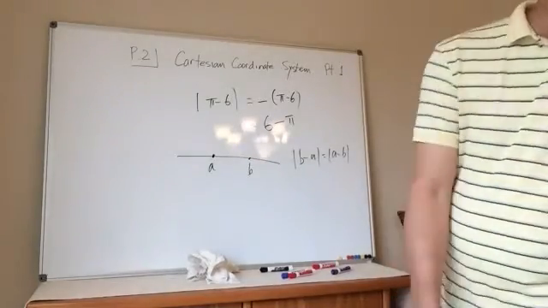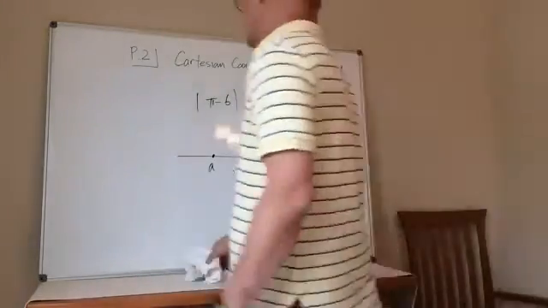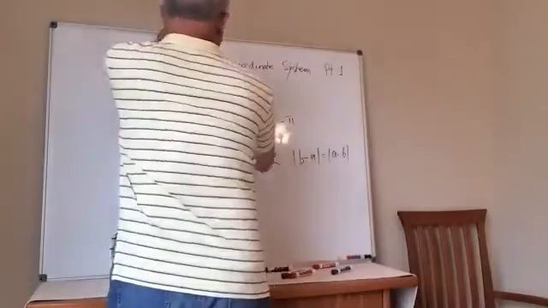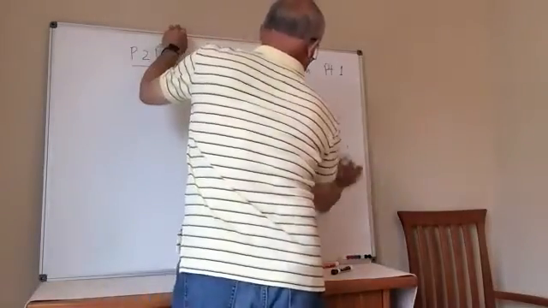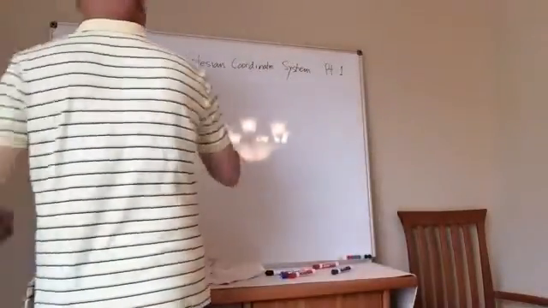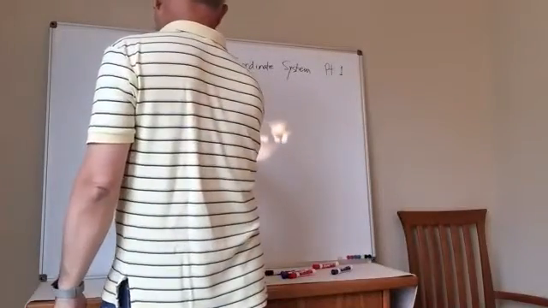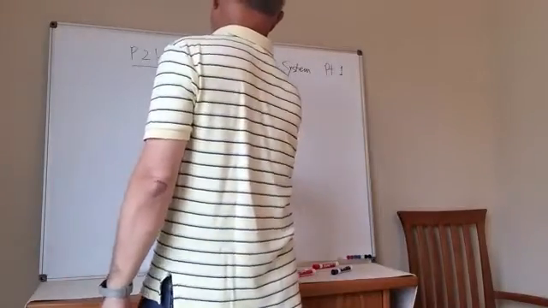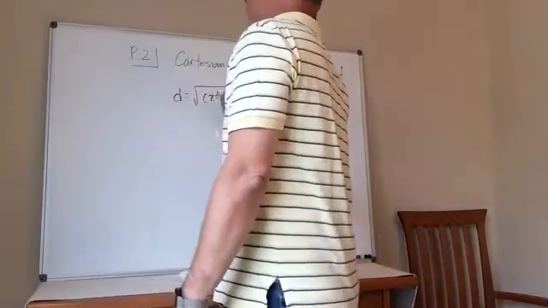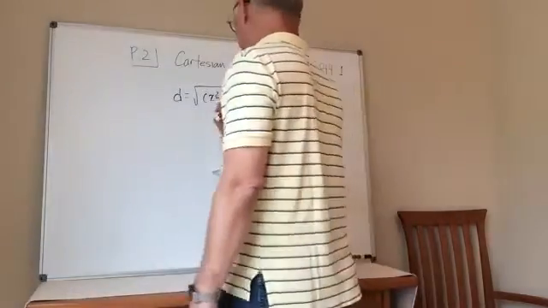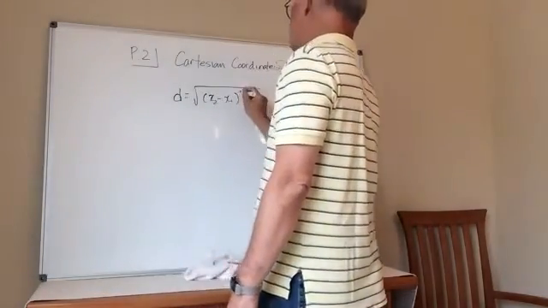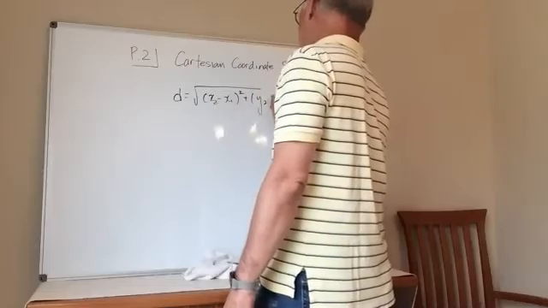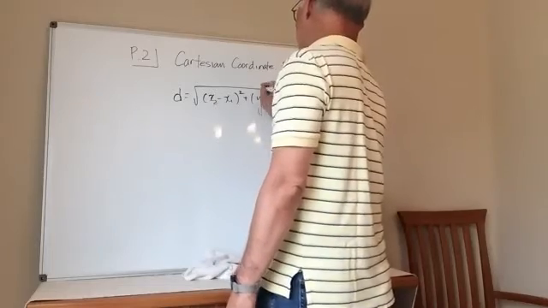On a regular Cartesian coordinate, the distance formula is the one that we are familiar with and we love and we like. We have the distance is equal to the square root of x2 minus x1 squared plus y2 minus y1 squared.